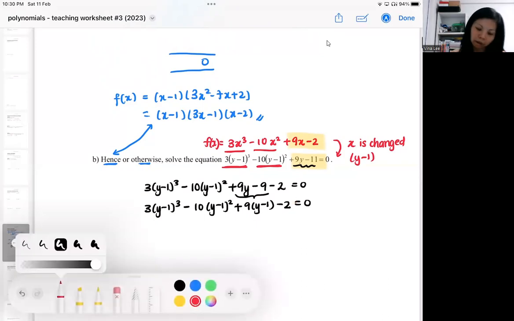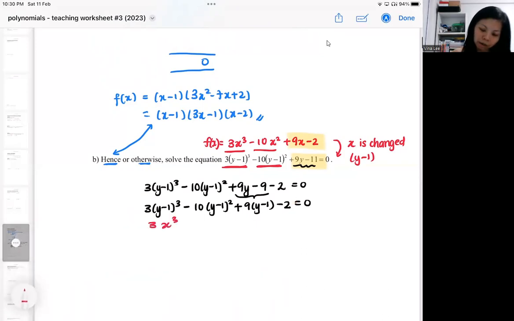Then if I compare with the original f(x), you realize that your guess of x being changed to y minus 1 is true. If you do the comparison, you should be able to see that x has been changed.